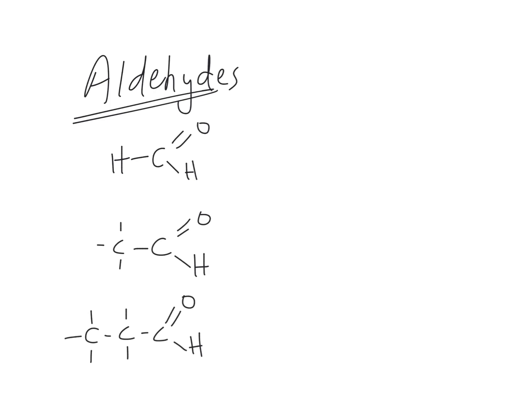So if we work on naming aldehydes a little bit based on the IUPAC naming system, they get the suffix "al", or you might say "anal", on the end of it. This is as opposed to what you would put on an alkane, like "ane".